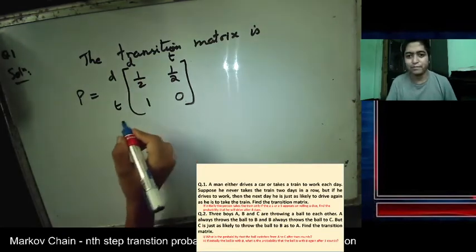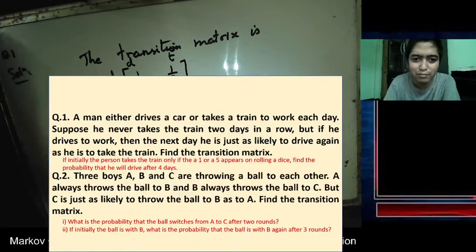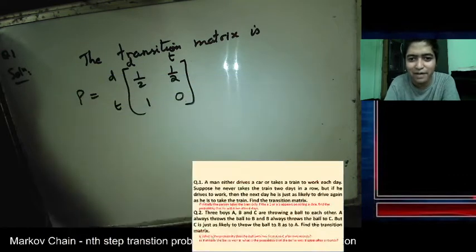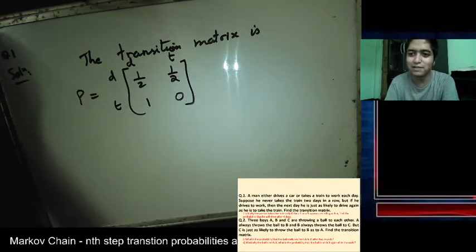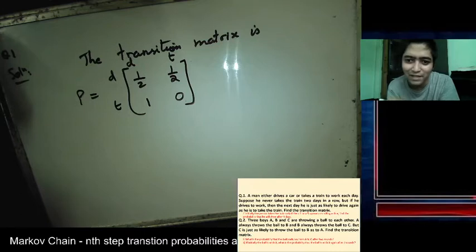Next, what will we do? The question is to find the probability that he will drive after 4 days. It doesn't say anything about him changing from train to driving or from driving to driving again. It simply states that we need to find the probability that he will drive after 4 days.